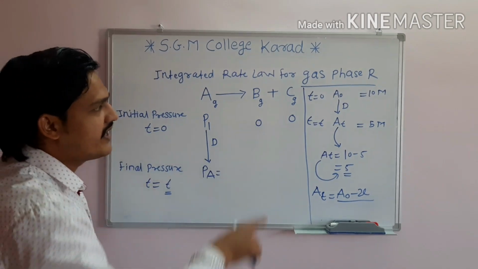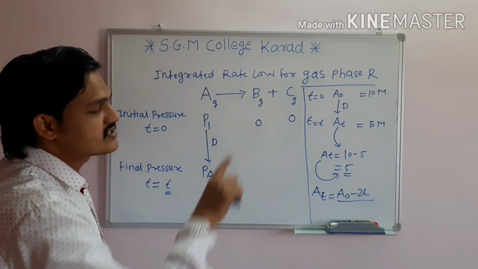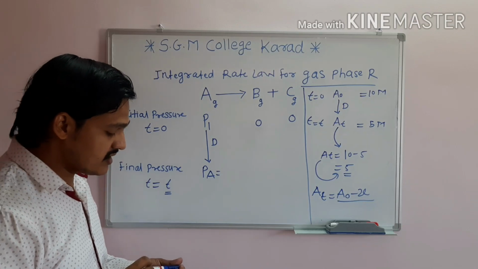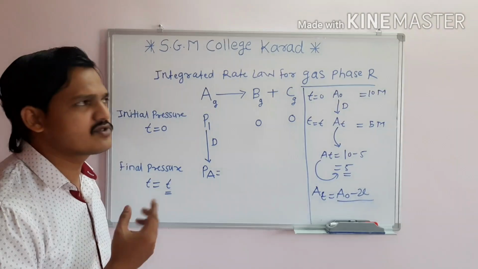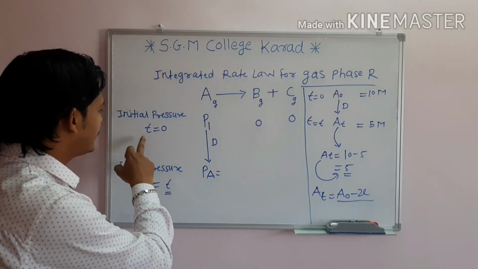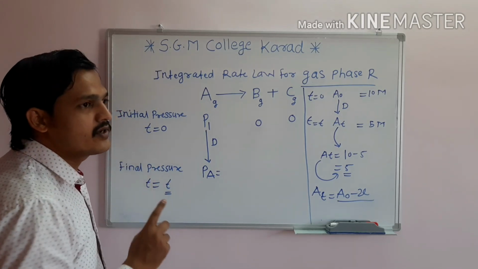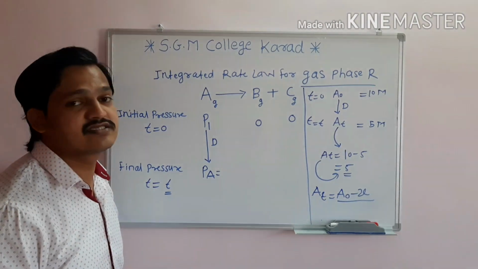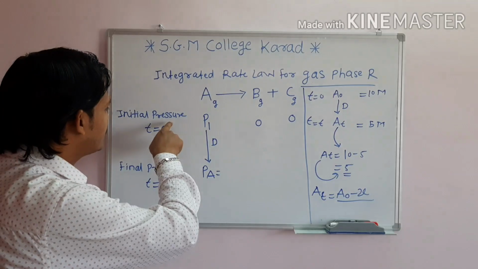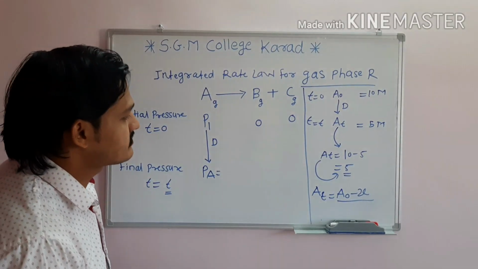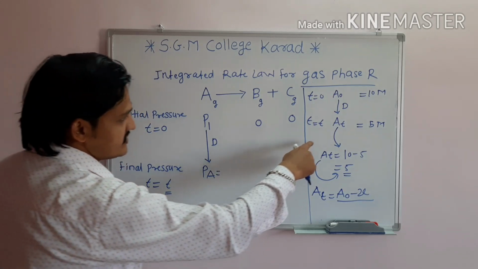So these are the points I am giving for concentration, because the concentration term is used in case of liquid and generally solid phase reactant. In case of gas phase reactant, we have to use initial pressure and final pressure, because you know gases exert pressure. So you have to use initial pressure and final pressure. This is the reminder.